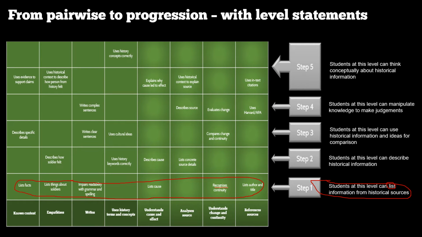So for the next one up, I've tried again to describe the gist of what students at step 2 do. Rather than going, students at this level can describe how soldiers feel, use history keywords, describe causes, and list concrete source details, I've said students at this level can describe historical information, right? That's my overall statement of students at that level.